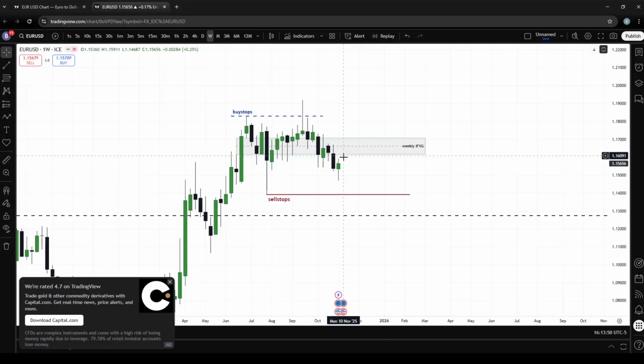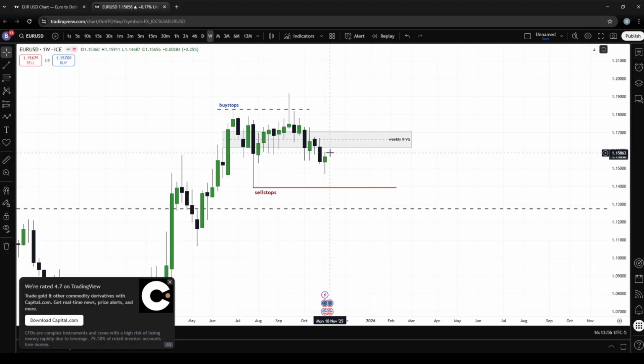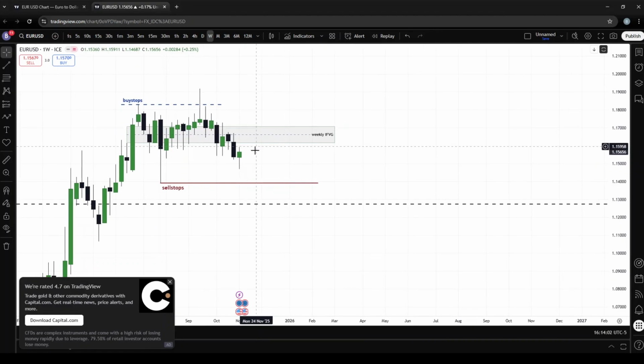So it will likely come, try to sweep this previous weekly high, then reject the weekly inversion fair value gap. It will reject the price, because I feel like this is where I'm currently aiming price to react.